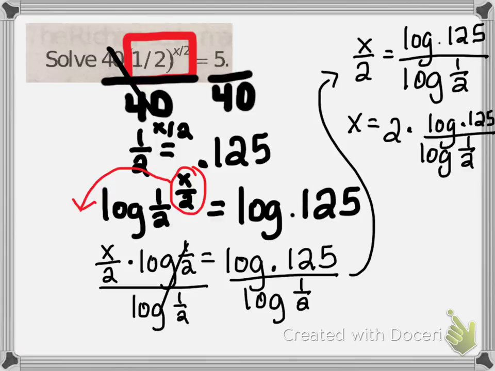I'm going to do 2 times, and then alpha y equals, and then I'm going to type the log of 0.125 in the numerator, and in the denominator, the log of 1/2, and I got x equals 6. And of course, you always want to plug back in and make sure that it works correctly, especially when you start getting negative pieces. Negative pieces can come out to be extraneous roots that don't actually work.